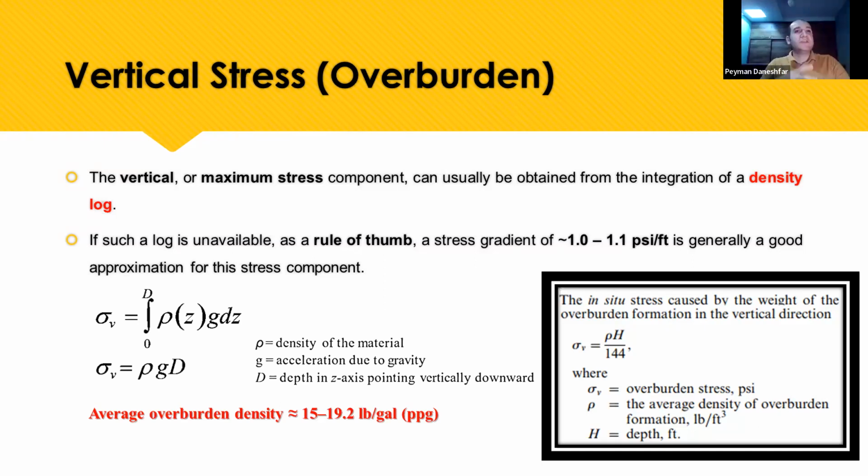If you change the parameters, you can see this parameter as sigma v, or vertical. It's rho g h over 144 as a denominator. And we use this formula depending on whether you want SI units or oil field units.